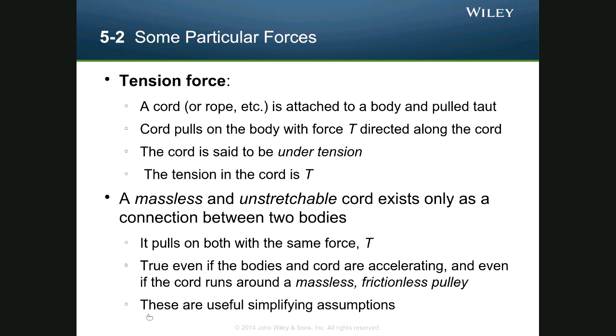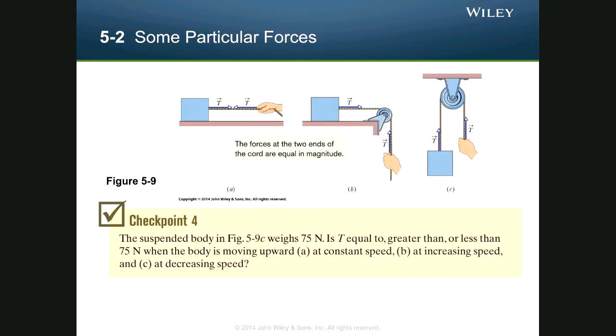You'll notice on the bottom of the slide, they really do talk about managing your assumptions, and you have to be cognizant of them. These are the important parts. So under these assumptions, we can treat the tension as the same throughout the string.